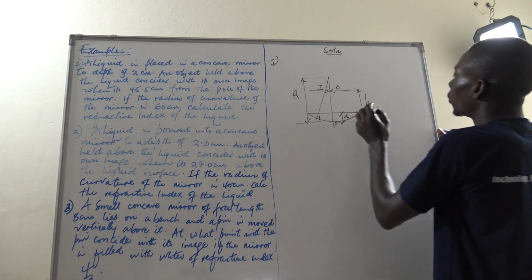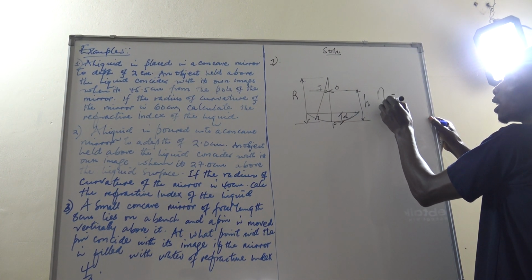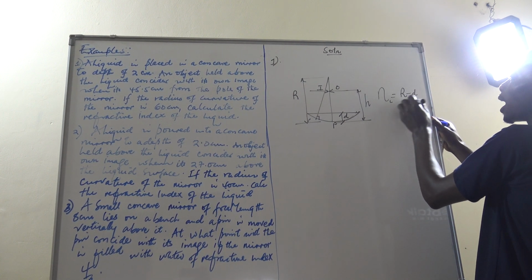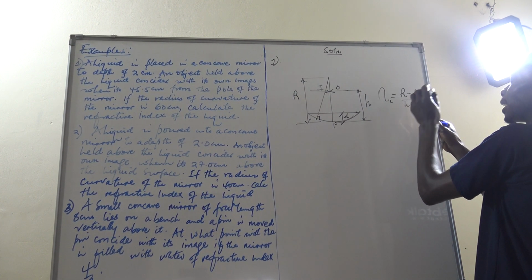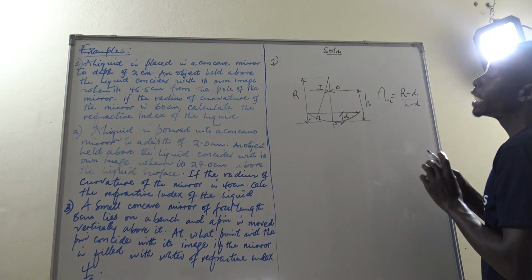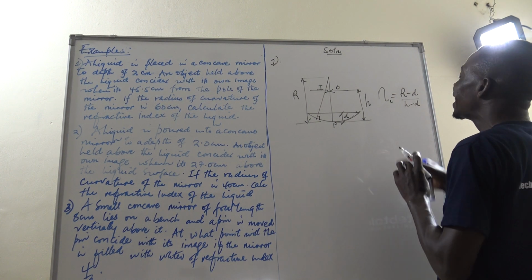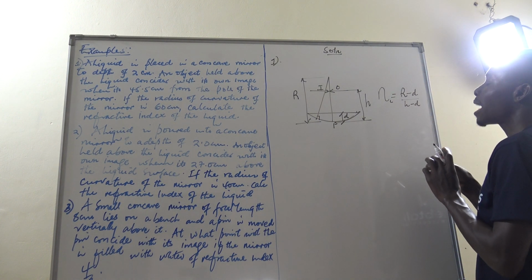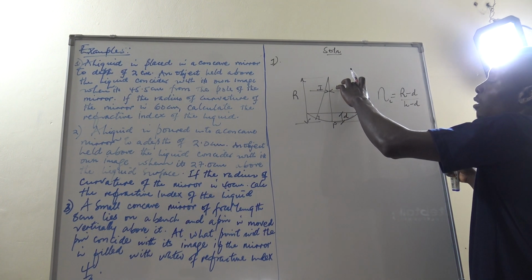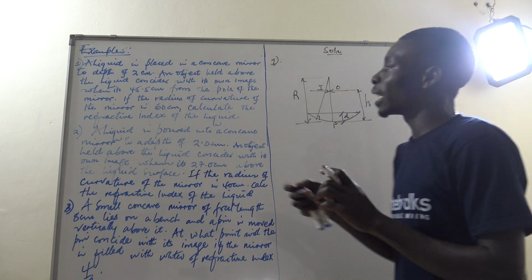We said we shall use the refractive index of the liquid equals R minus D over H minus D. That is the scenario where the depth is not negligible. Don't forget, in this case H must strictly be measured from the pole up to that point. Is that okay? So let's see how we can attack this question.